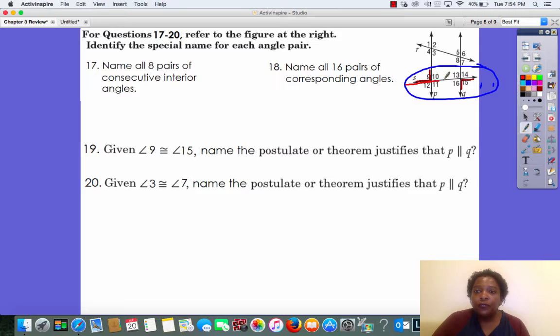Here's my transversal cutting across both. To get from 9 to 15, I cross that transversal. So we know that they were on the exterior, so they're exterior angles. And to get from one to the other, I crossed the transversal, so they were alternate.